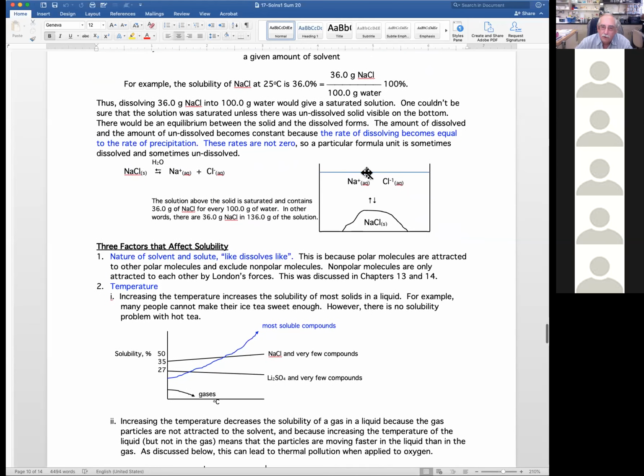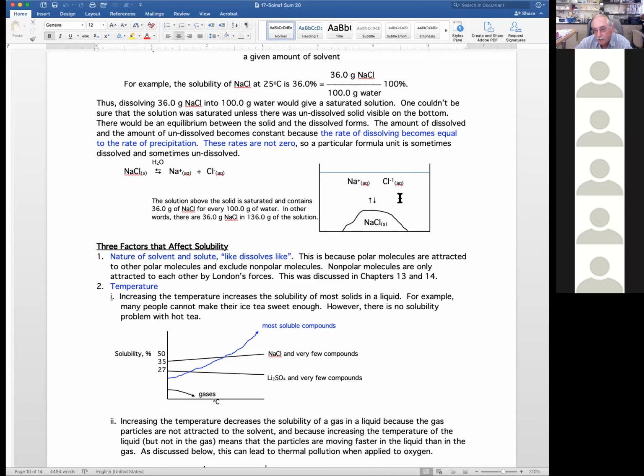And here I'm trying to point out that the amount of sodium chloride that's dissolved may seem static, in other words, not changing, but it does change. The reason why it doesn't appear to change is because the rate of precipitation now becomes equal to the rate of dissolving.